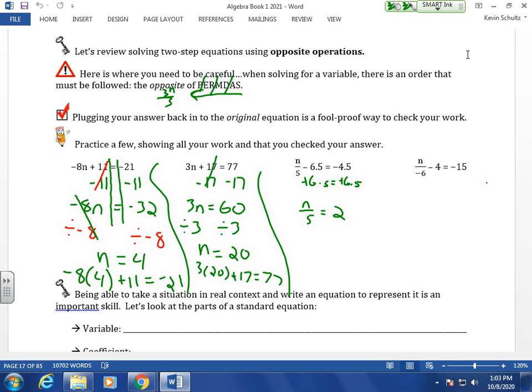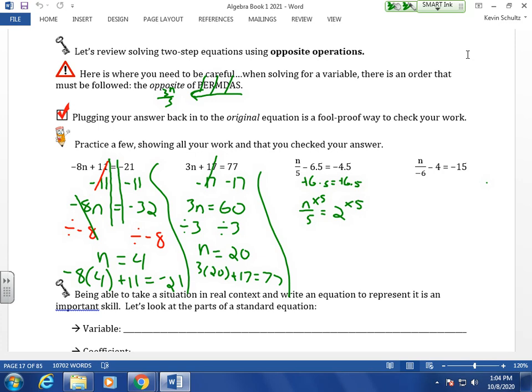Okay. So in this case, we are saying we're subtracting 6.5 to get to negative 4.5. So before we did that, what did n divided by 5 equal? 2. And then before we divided n by 5 to get to 2, what did n equal? We can calculate that by undoing what we did.